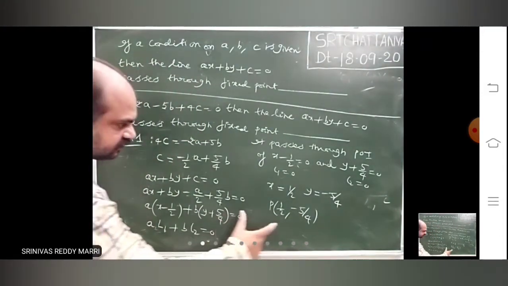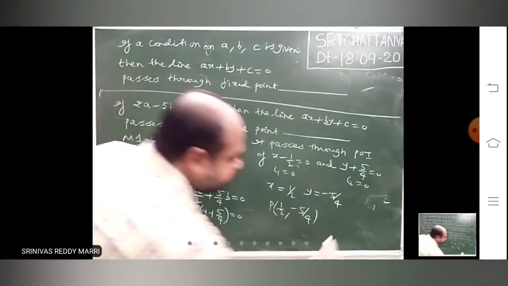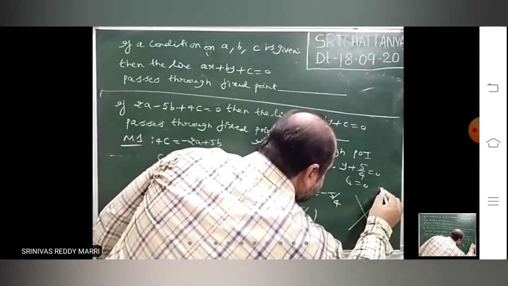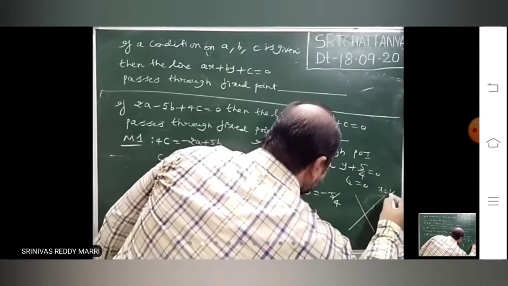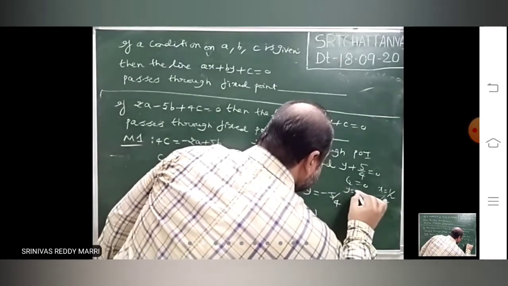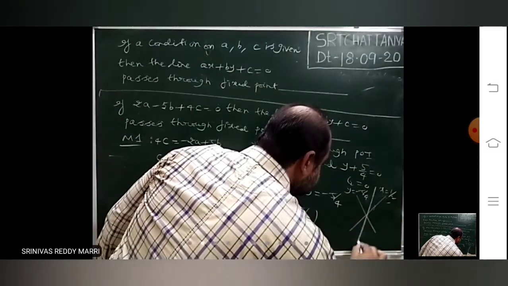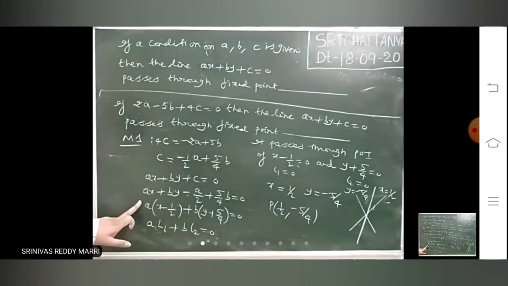So this line passes through this fixed point. This is method 1.